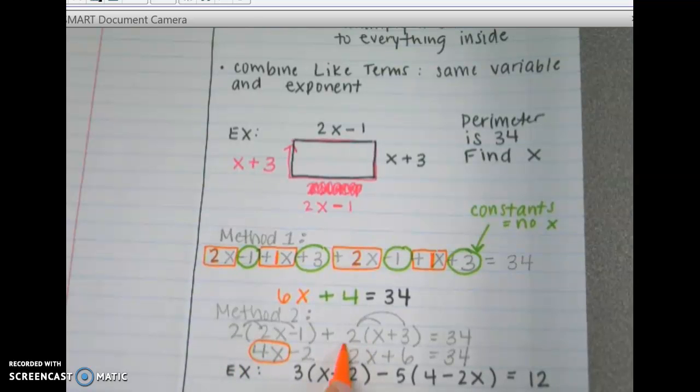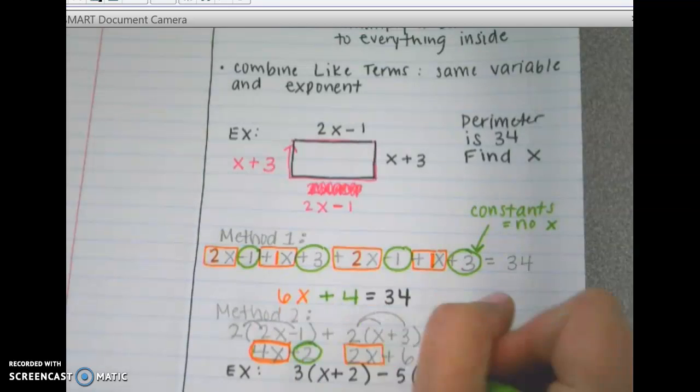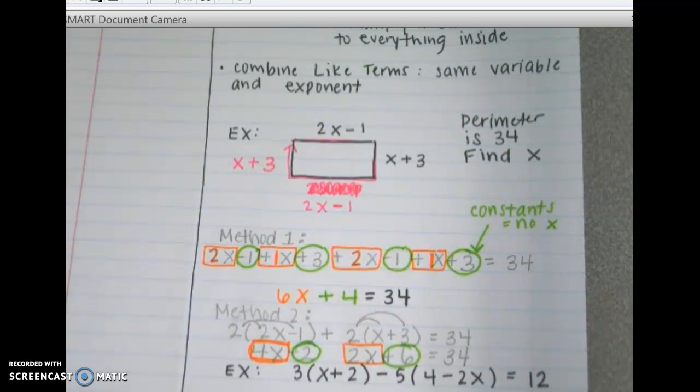There's my 4x and my 2x. That gave me 6x. Here's my -2 and a positive 6. And if I think about this as a positive 6 minus 2, 6 minus 2 is 4.